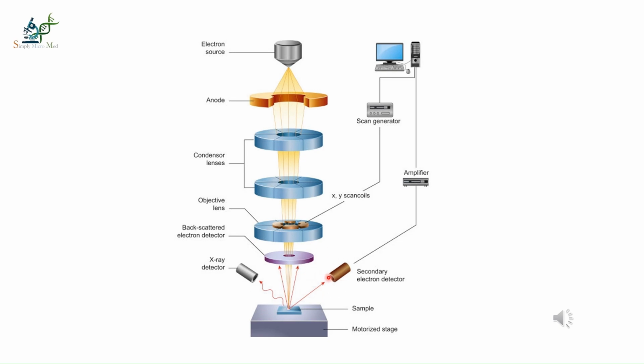And these are connected to a computer with software. Simply, we can say that in a scanning electron microscope, the detector will detect the scattered light intensity. The difference in scattered light intensity will be transferred to the computer. So, the computer will give a high magnification of the scanned area or sample in the chamber.